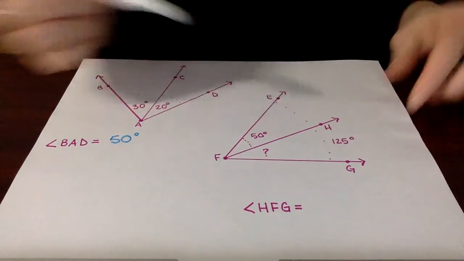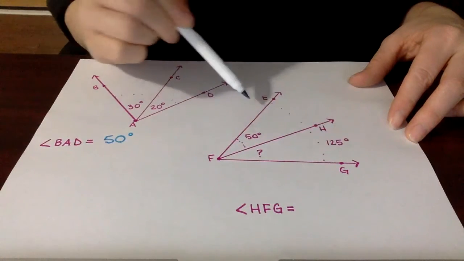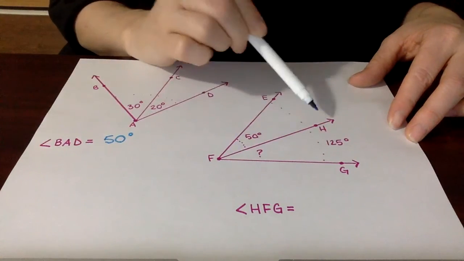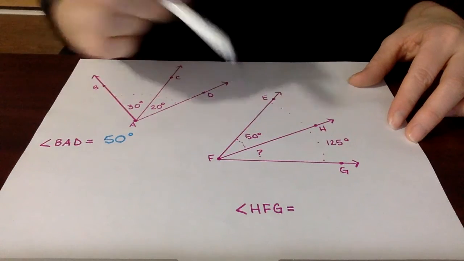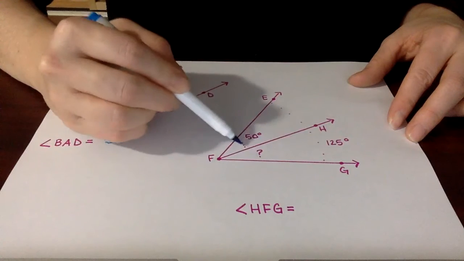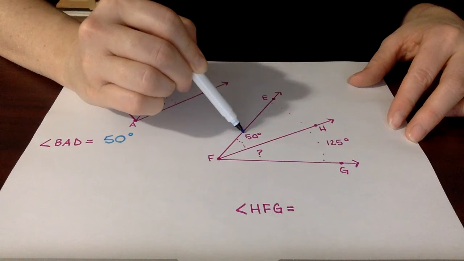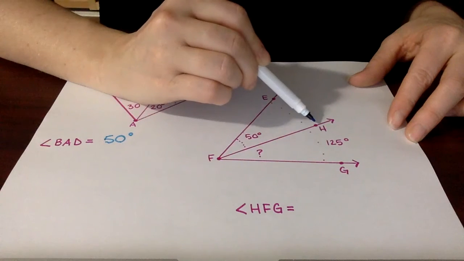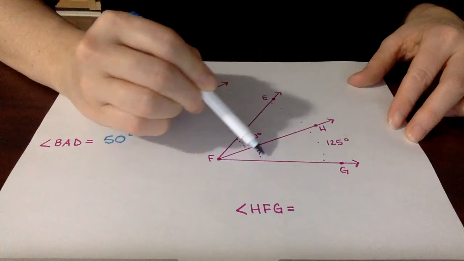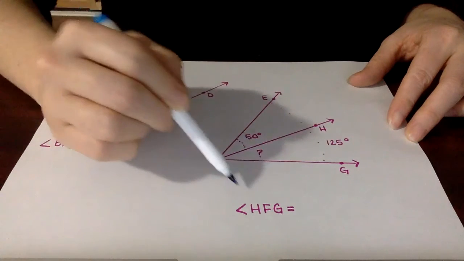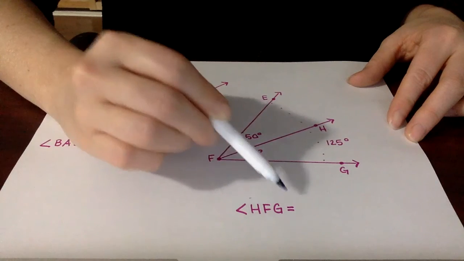Now, you've got a couple of problems that look like this. Over here, I've got angle EFG, angle EFH, and angle HFG. If you pay close attention, I have a measurement for angle EFH. It measures 50 degrees. For angle HFG, I don't have anything there, I have a question mark. This is what I'm trying to find: what is angle HFG?